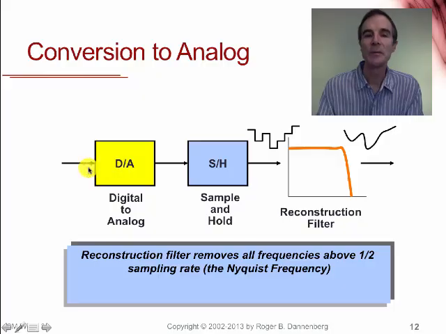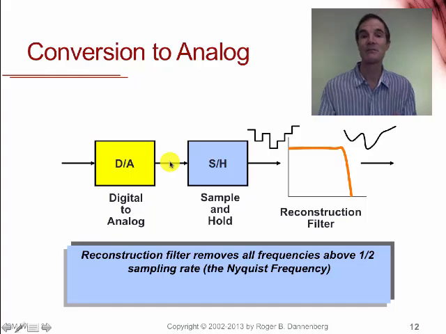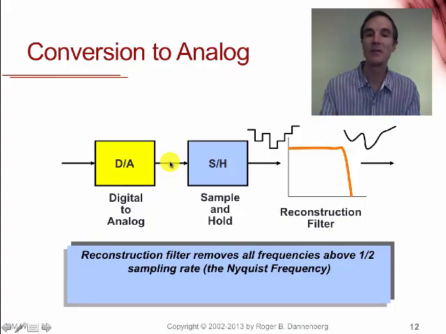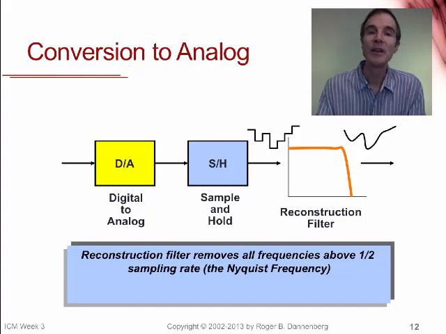We first go from digital to analog, which produces a messy, noisy signal because it takes a while for the analog conversion to settle down. When the conversion settles down, we sample it and hold it, which produces another stair-step signal like this.